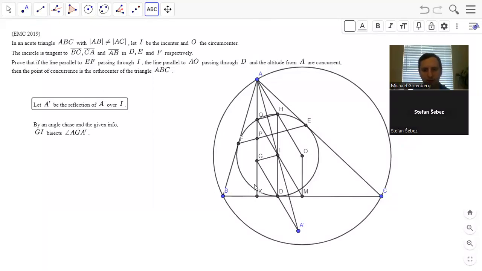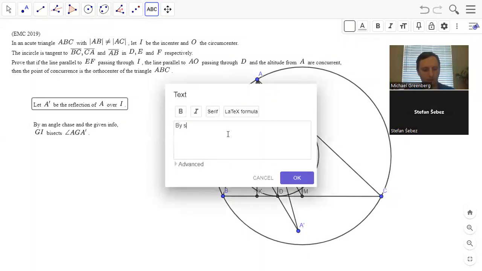So GI bisects that, and this is a parallelogram, and so AQIH is a kite. We know that. By symmetry, AQIH is a kite.